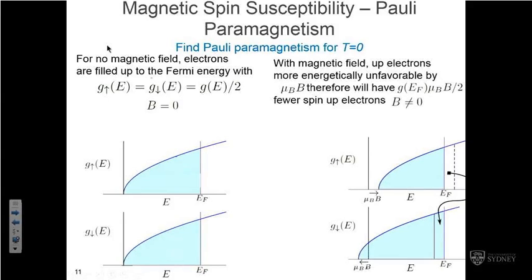The height is the density of states, and because it's spin up, we have to divide the total density of states by 2 because we only want G up. That's the height of the rectangle, and then along the energy axis, this is where we get the mu B B.